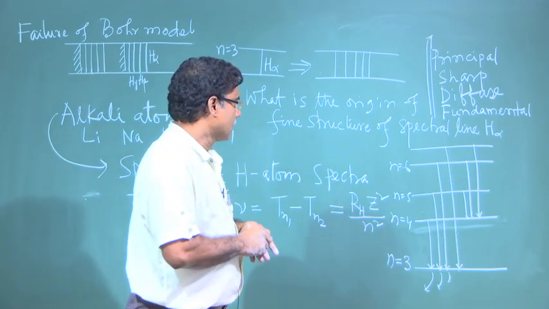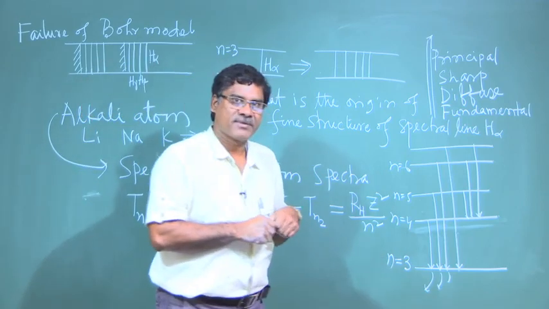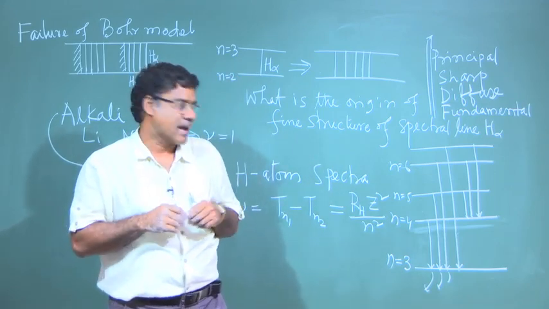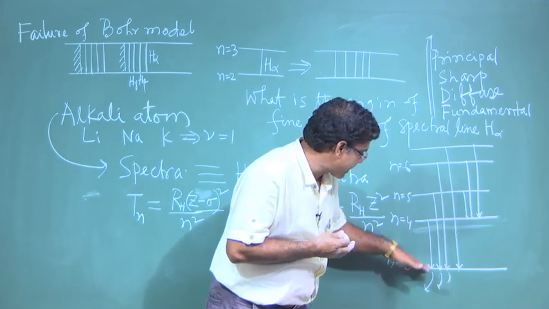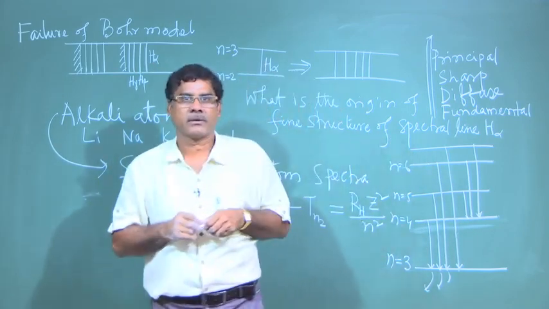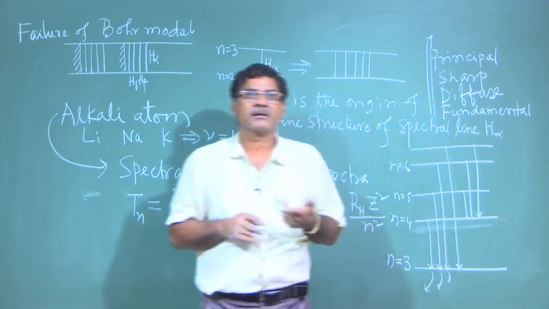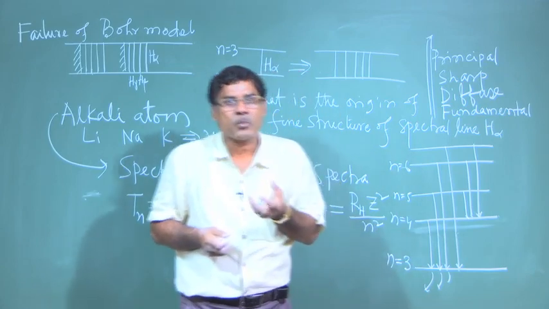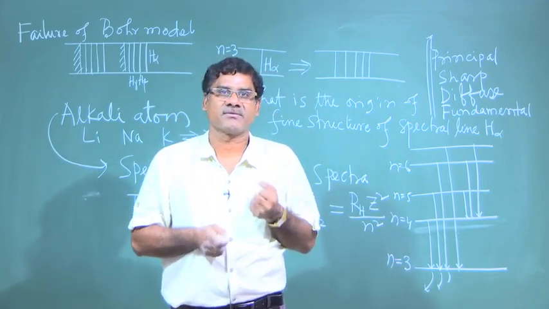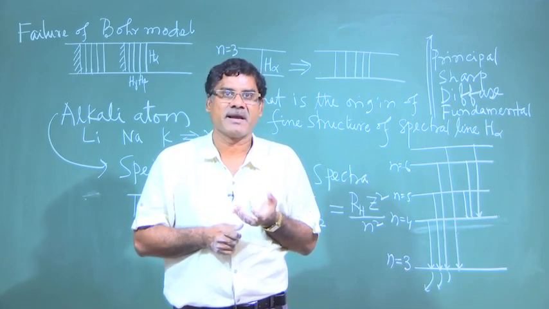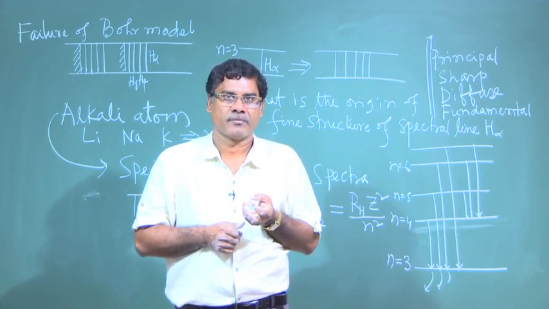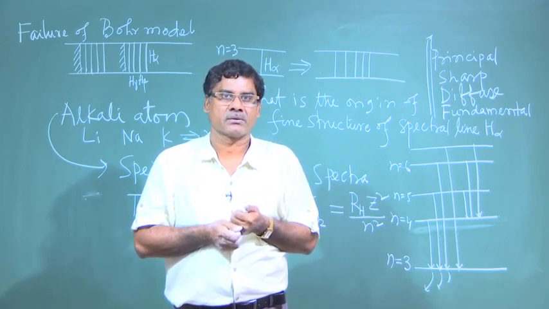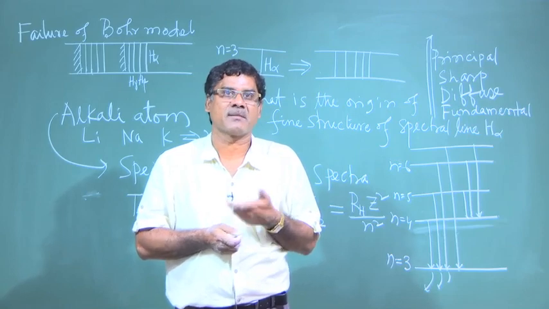Okay. So, as transition between 2 energy levels gives the spectral line, it looks as if each energy level we got from the Bohr model is not a single energy level, it is composed of many energy levels. Okay. Their separation may be small, or they may have the same energy, but there are many.